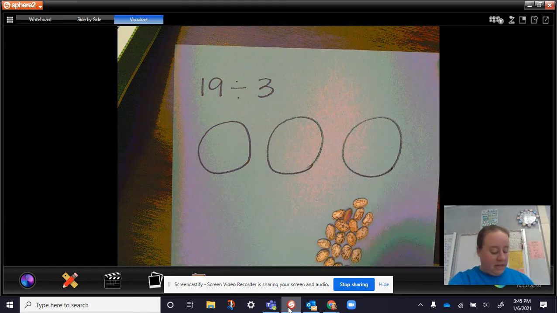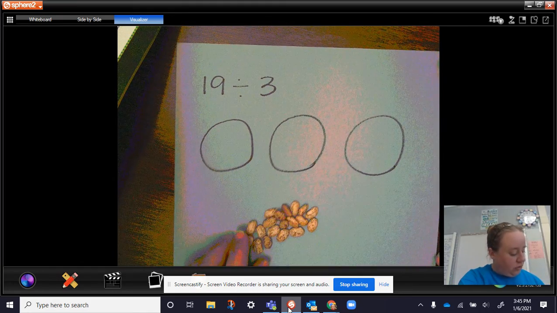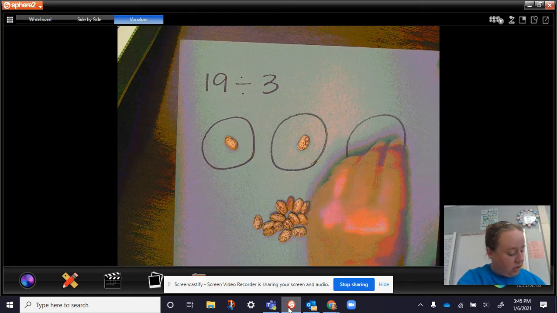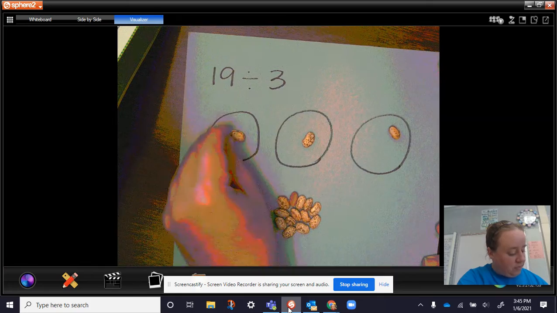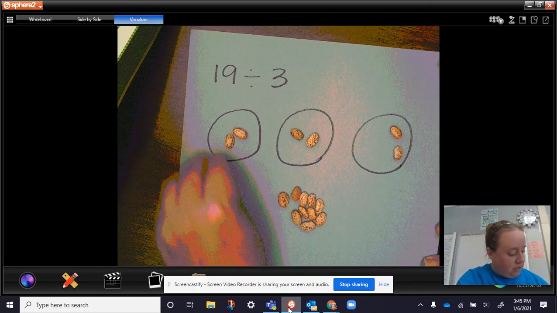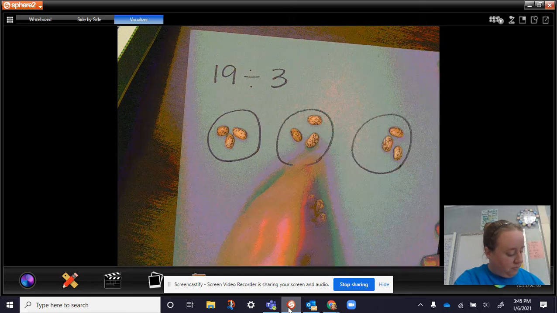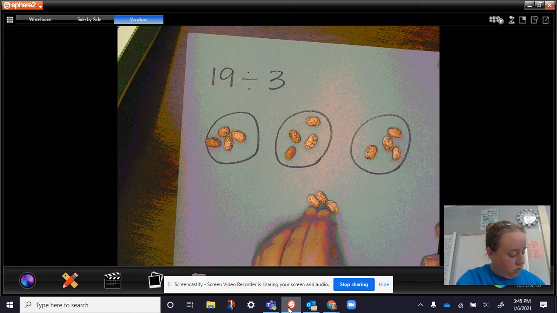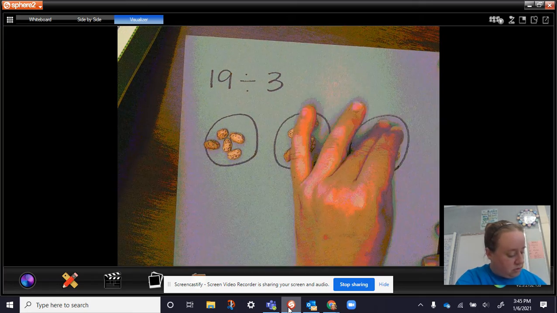I'm going to take the 19 total and pull out 3, and say, okay, you get 1, you get 1, you get 1. I'm going to keep doing that repeated subtraction, taking away from my total and putting it to each of the people, and keep passing this out till I can't make any more equal groups.